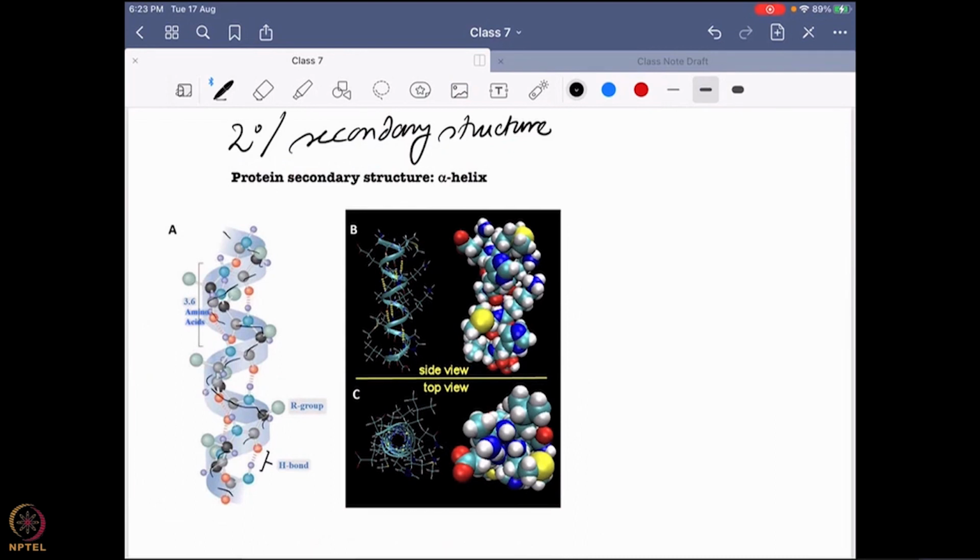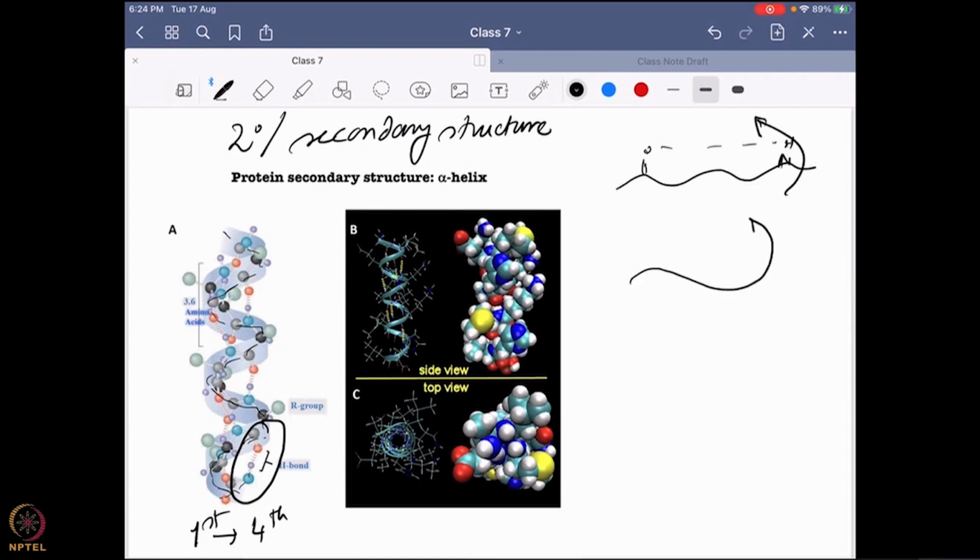And over here, you can see a CONH interaction is happening. And it happens in such a way that the first amide bond interacts with the fourth one. And by that, it creates a turn, because if you have a linear chain, you cannot have this bond interact with something that is too far. So it has to bend a little bit. And for bending, it is creating a turn. So this is the turn that is happening over there.